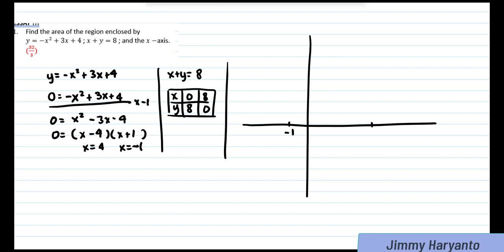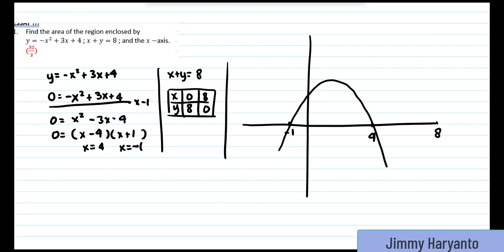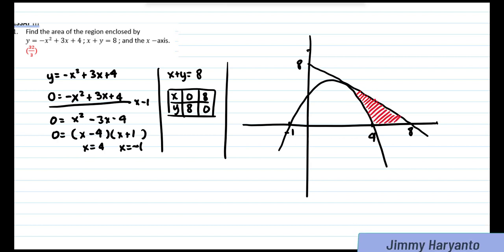Negative 1 and 4, and then 8 and 8, something like that. But in class I already told you that the line will touch the curve, so the drawing will be like this, and this is the area.